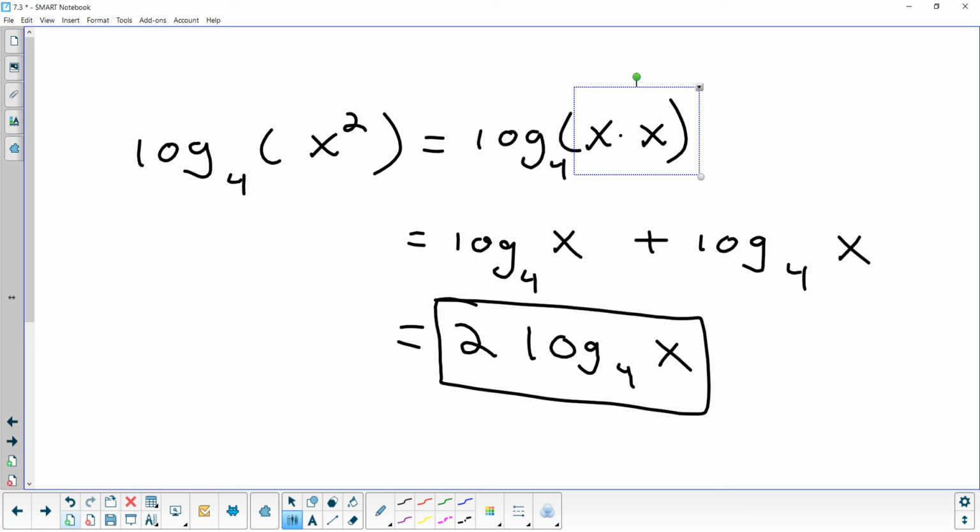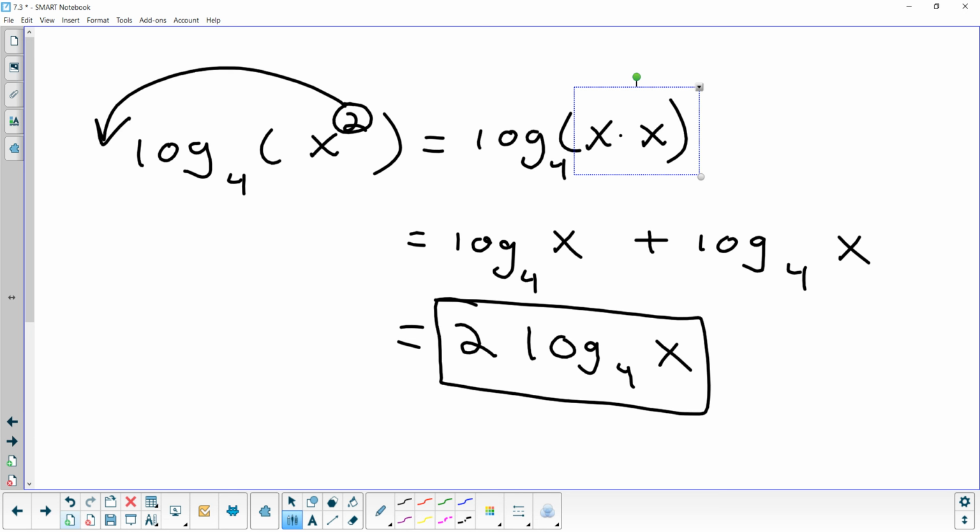So I asked you to focus on one specific thing. I asked you to look at where the 2 was when we started and look at where it ended up. So rule 3 is a rule that allows us to take an exponent and put it in front. This is the reason why you can do that. Okay, we're not going to go through these steps every time.